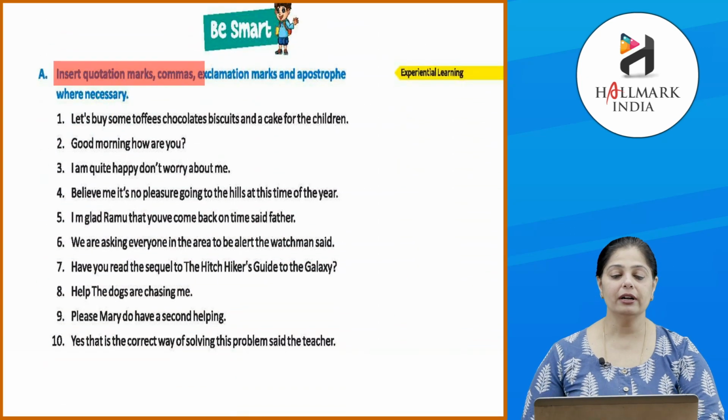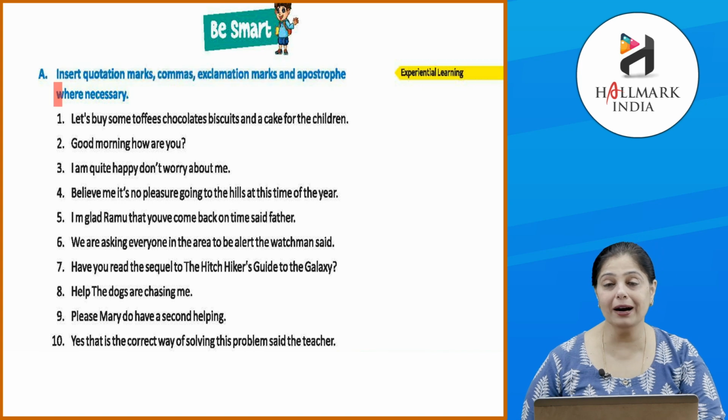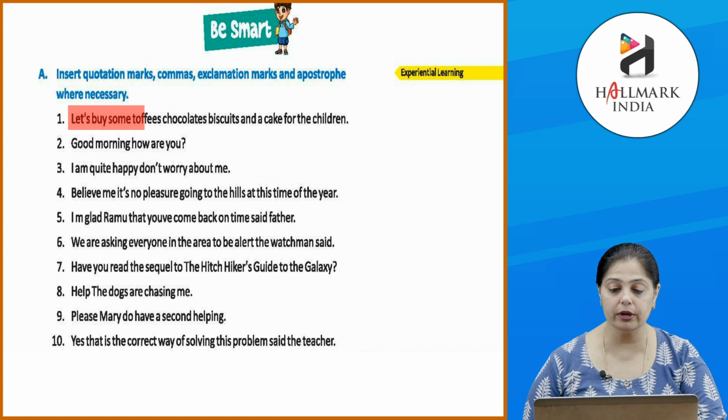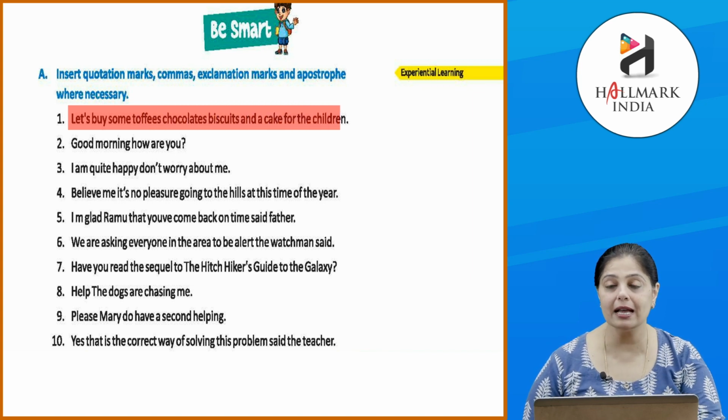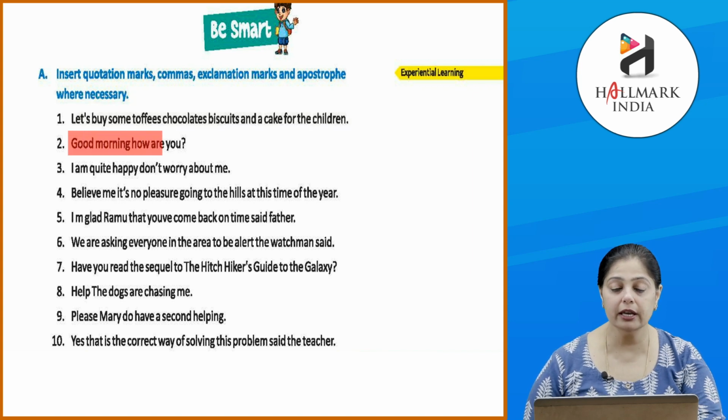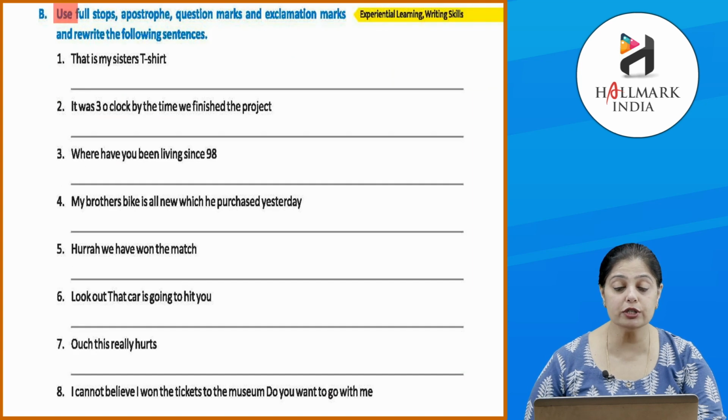Clear? Now, insert quotation marks, commas, exclamation marks and apostrophes where necessary. Okay, let's buy some toffees, comma, chocolates, comma, biscuits and a cake for the children, full stop. Okay, good morning, comma, how are you? Clear? Now, the rest of the sentences you have to do. Next, use full stops, apostrophes, question marks and exclamation marks and rewrite the following sentences.